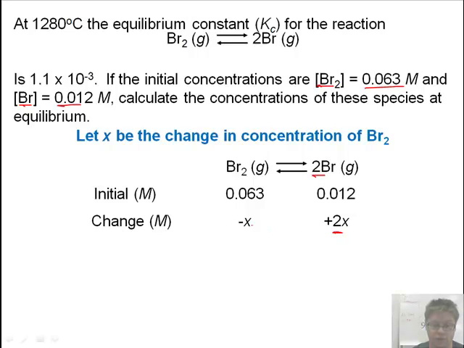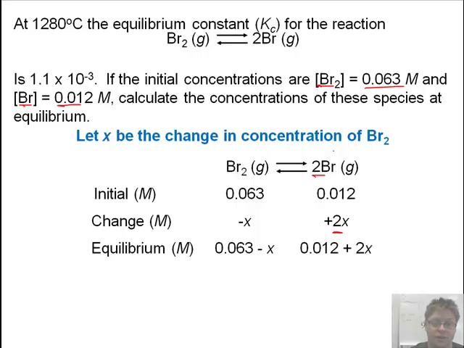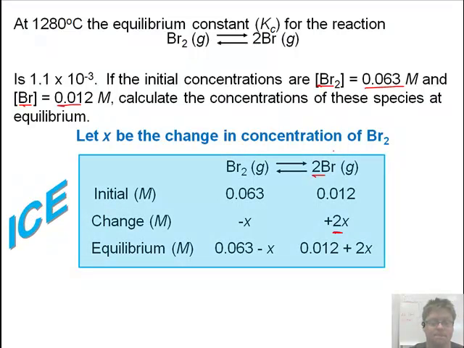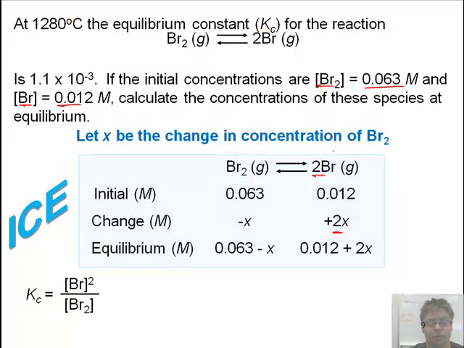So losing X of these and gaining 2X of those in the process. Then at equilibrium, you just add these up. 0.063 minus X and 0.012 plus 2X. This is called an ice table: initial, change, equilibrium. So you've created a nice table for the problem.